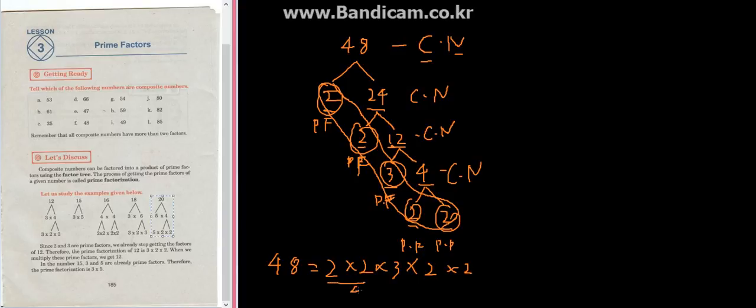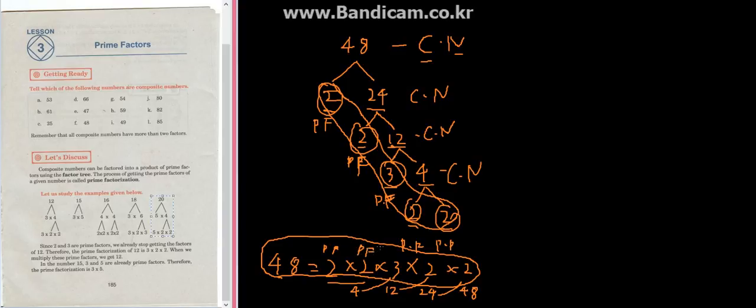So 2 times 2 is 4, 4 times 3 is 12, 12 times 2 is 24, and 24 times 2 is 48. And yes, it consists only of a multiplication of prime factors.